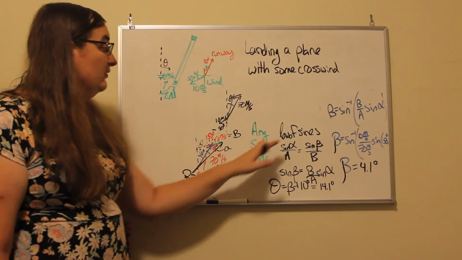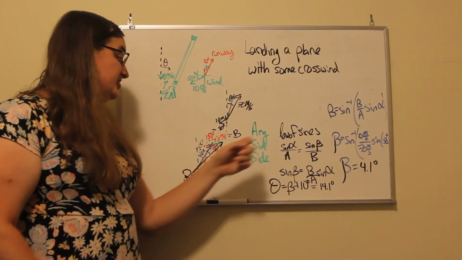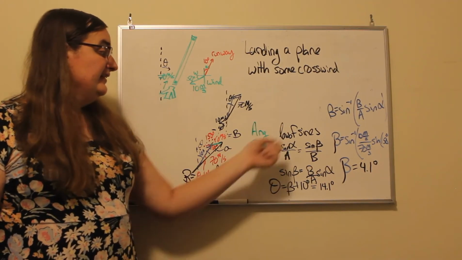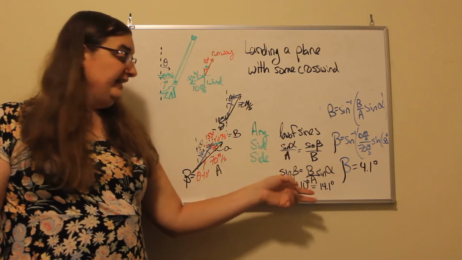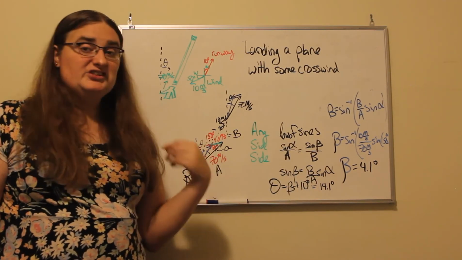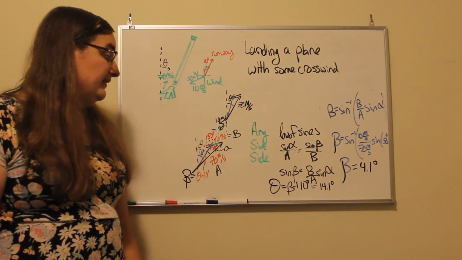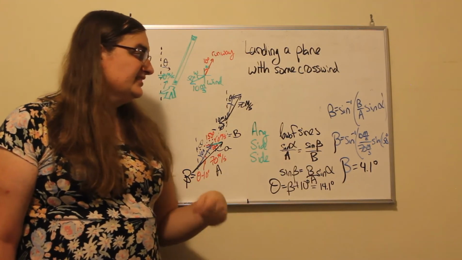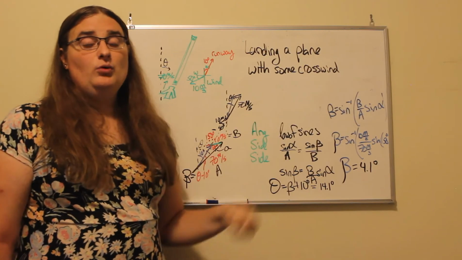So again, the law of sines is what is guiding us here. So the sine of alpha, which we know, divided by side A is equal to the sine of beta, which we don't know, but we want to find, divided by the length of side B, which we do know. So solving for beta, the sine of beta is going to be B over A times the sine of alpha, and beta would be the inverse sine of that quantity.